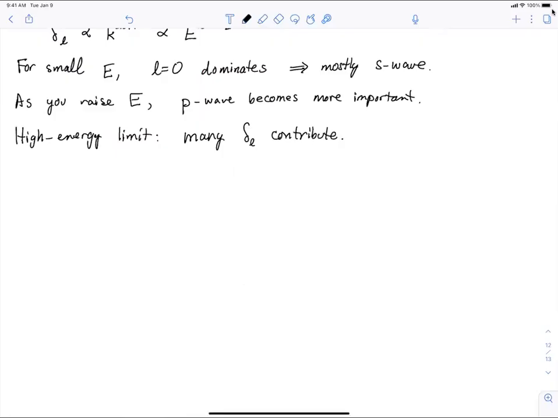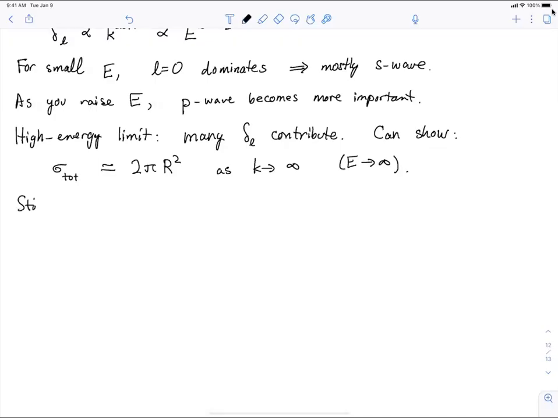And we're not going to do it for lack of time, but you can show that in this particular example, the total cross-section in the high energy limit behaves like, you might think it's pi r squared because that's the classical, but it actually turns out to be twice that. Okay, so this is true as k goes to infinity, which also means the energy is getting very large. So it's still twice the classical result.